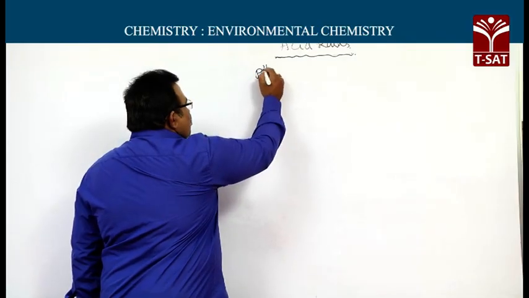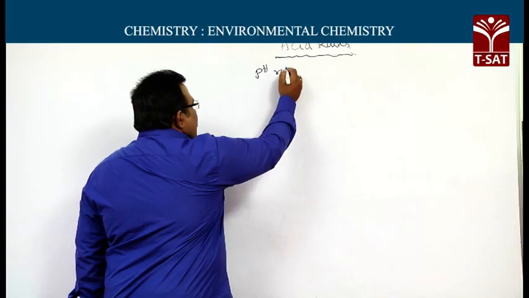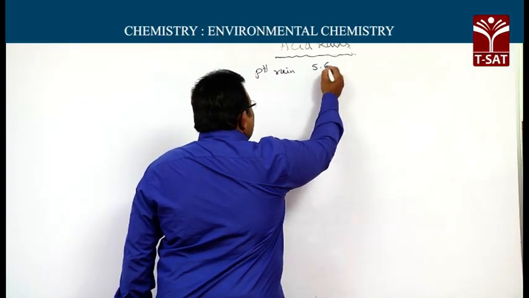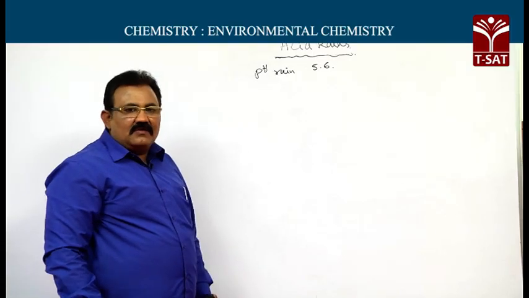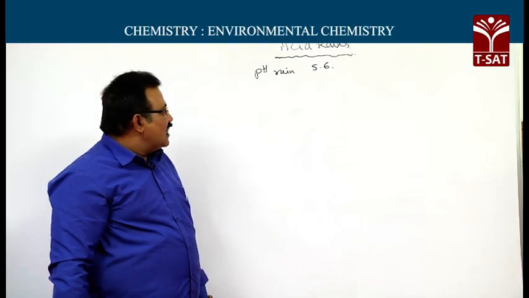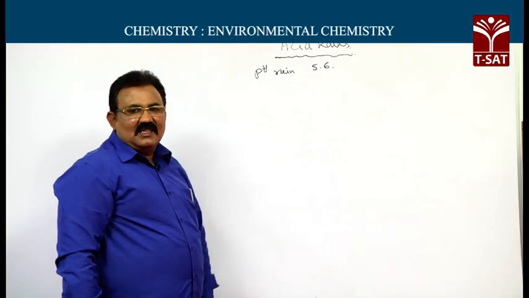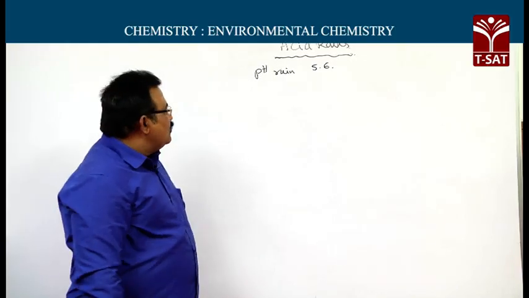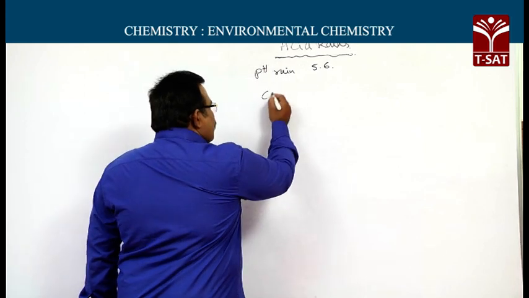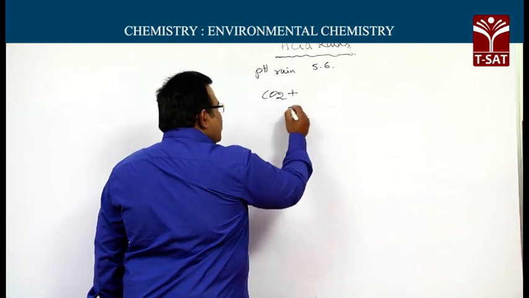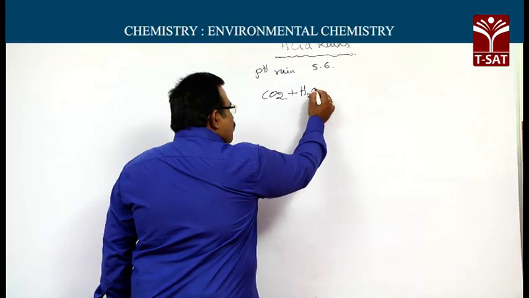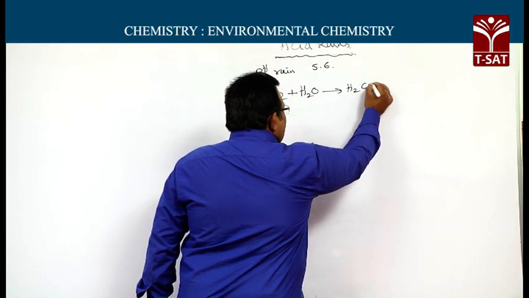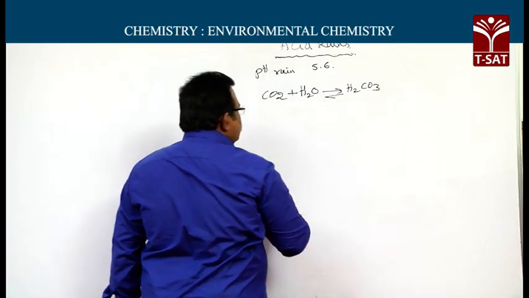The pH of rainwater is 5.6. The pH of normal water is 7, whereas the pH of rainwater is less than 7, that is 5.6. Why? This is because the carbon dioxide gas present in the atmosphere combines with water and gives carbonic acid.